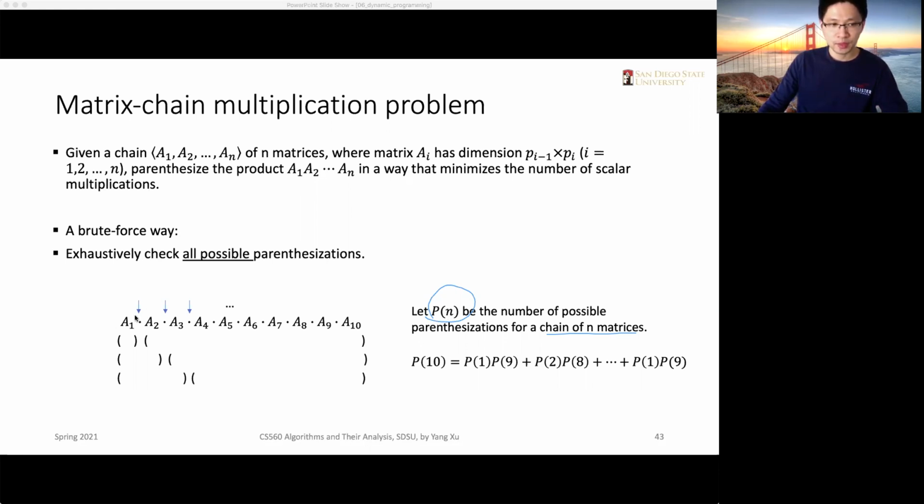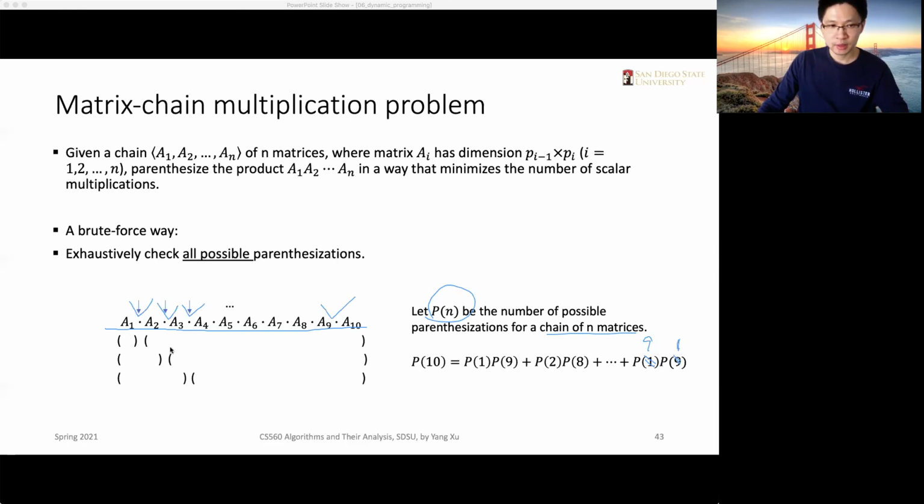For example, given this chain of 10 matrices, the last layer of parentheses can be put in 9 possible positions: between A1 and A2, or A2 and A3, or A3 and A4, or A9 and A10. Here I think it's a typo.